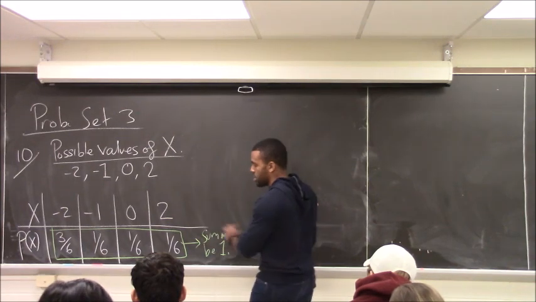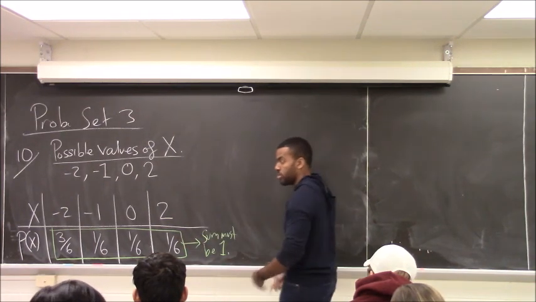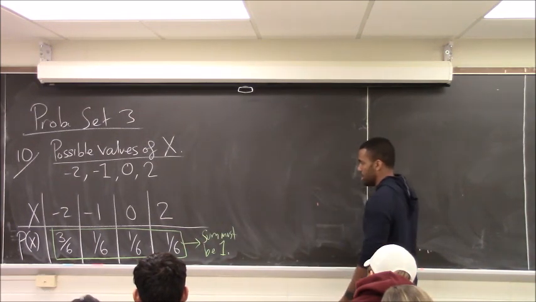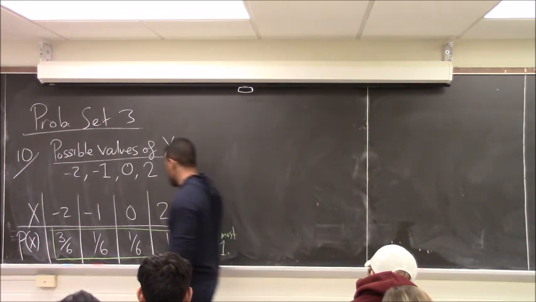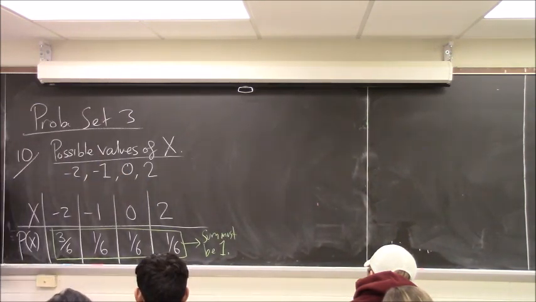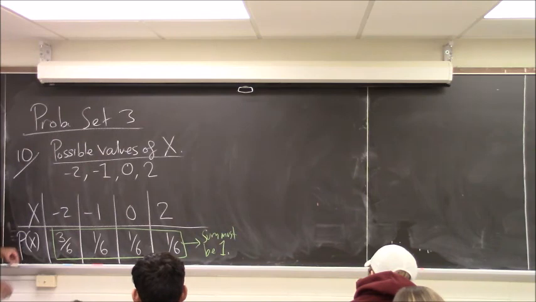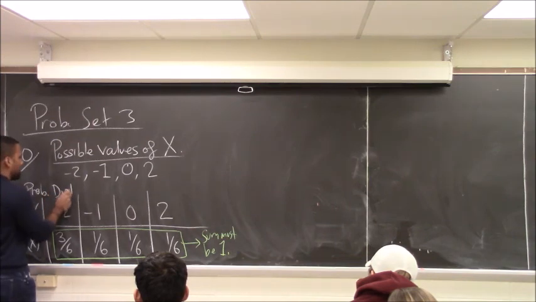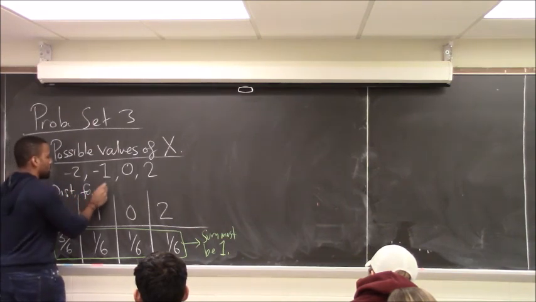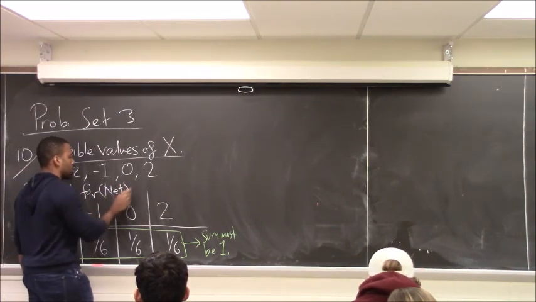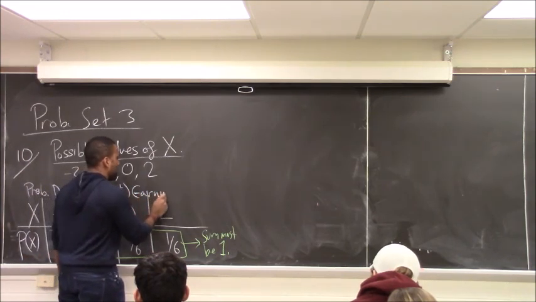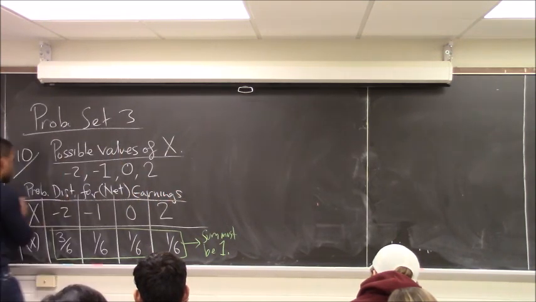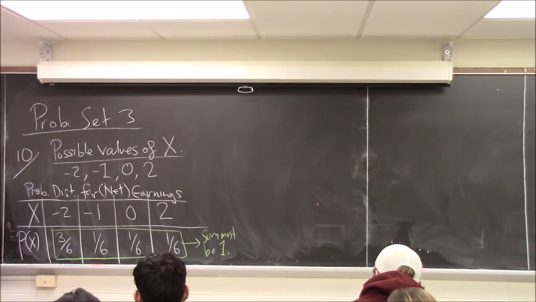You can figure out what you need to fill in for the probability for the cases they didn't tell you about, because the sum of probabilities must be 1. This is our axiom. We hold that to be true all the time. So that is the probability distribution for earnings, and that was part A.